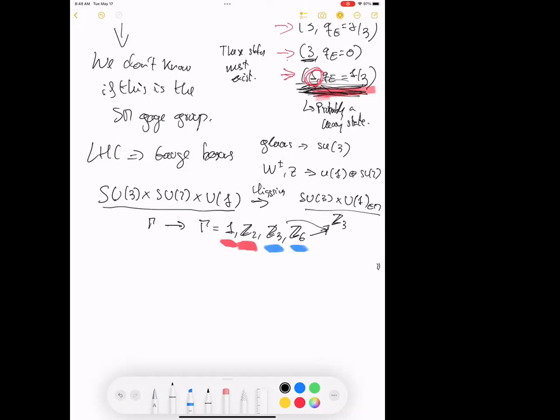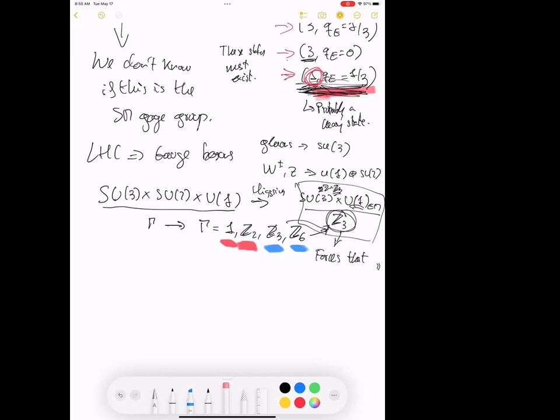So what that means is that a quotient like this can change the allowed representations. This Z3 is identifying the center. SU3 has a center, which is Z3. It's identifying the Z3 here with the Z3 subgroup of the U1, and this is forcing the two subgroups to be correlated; they become the same.